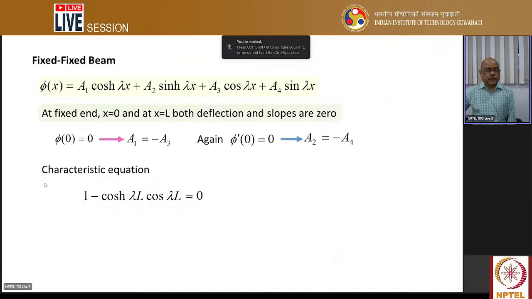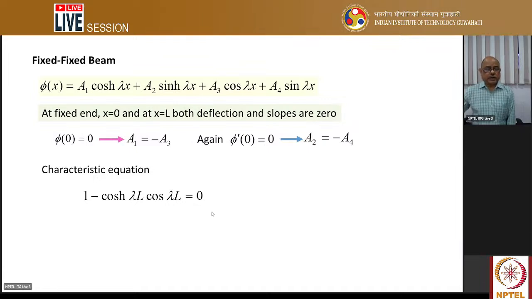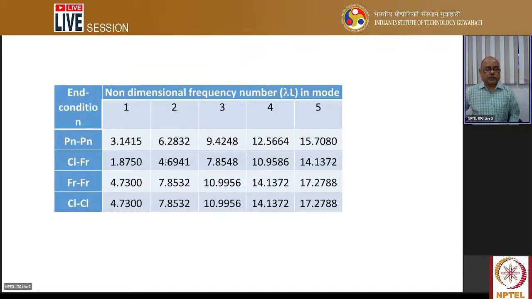But here you get the equation in the form of hyperbolic and trigonometric functions, and its solution can be obtained by various numerical techniques. Standard techniques are available, and in many textbooks the frequency number lambda L is tabulated.